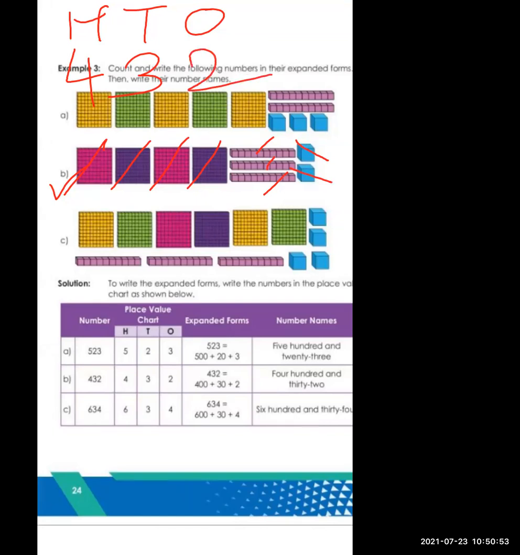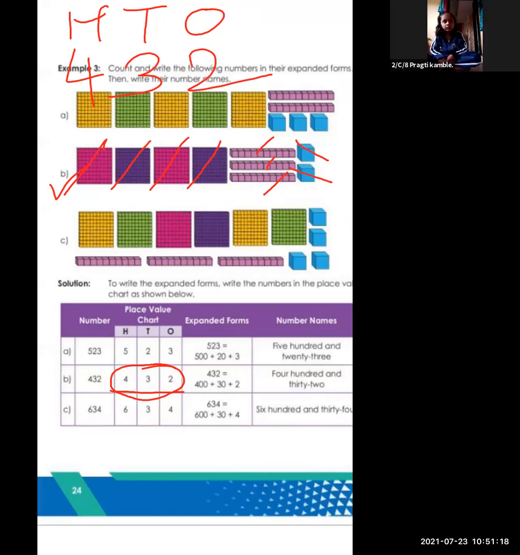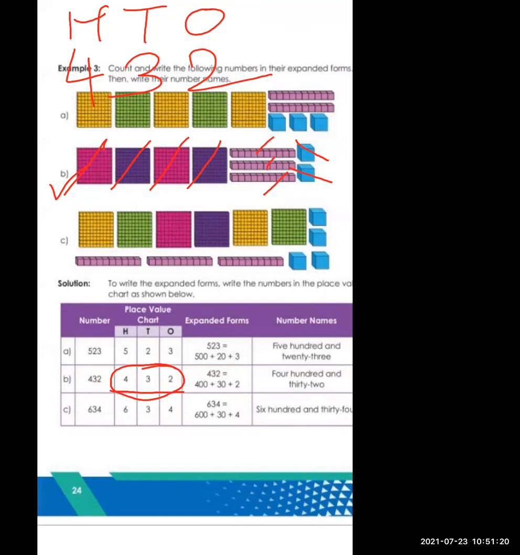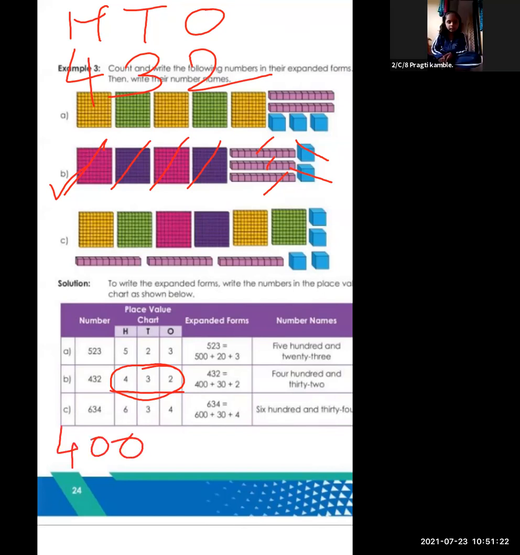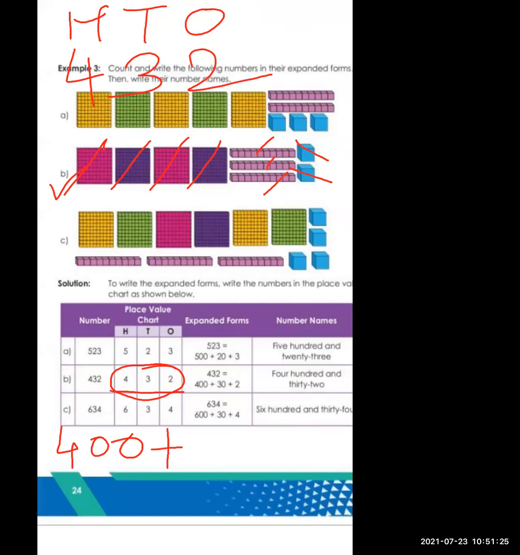So this number how to write in expand form? Expand form में कैसे लिखेंगे? ऐसे लिखा ना हम लोग ने 432. So what number we get? 4 hundreds, 3 tens and 2 ones. It means what we get? 432. Correct. So how to write in expand form? 400 plus 30 plus 2.